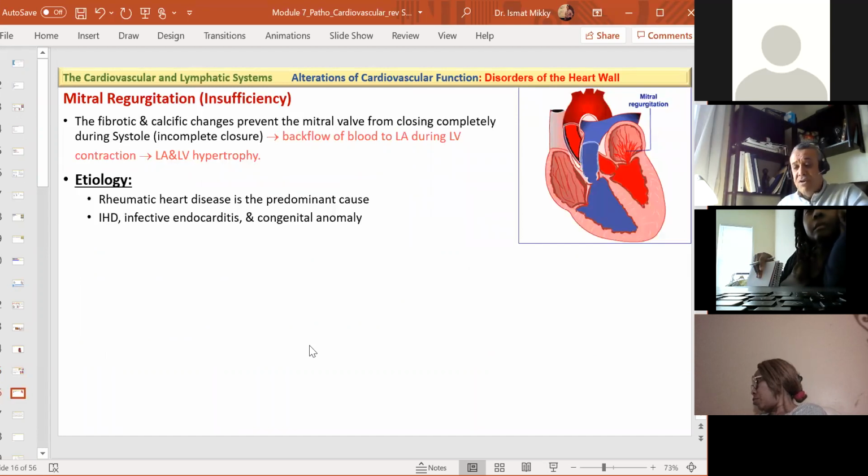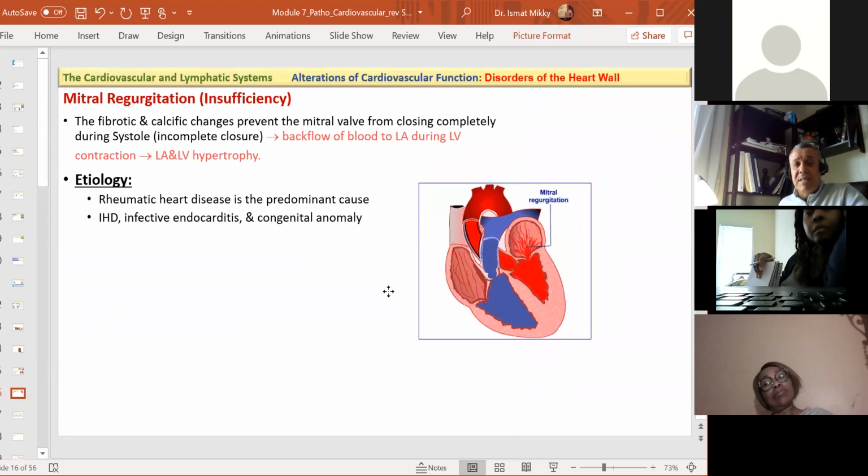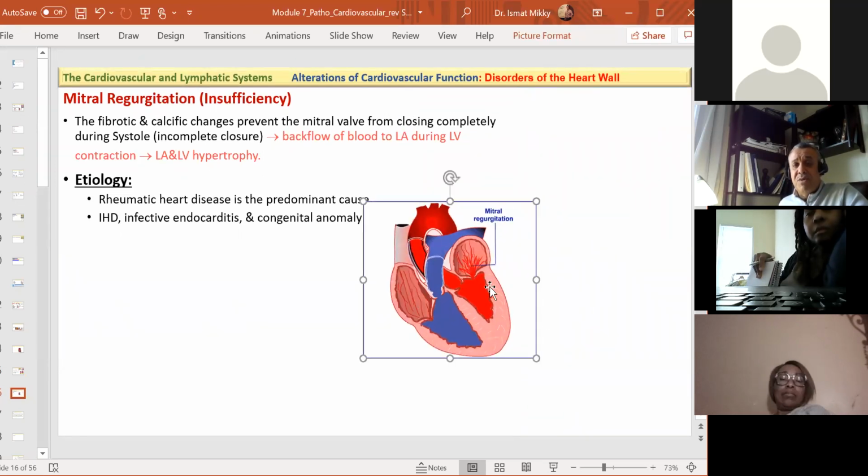The mitral regurgitation results from fibrotic or calcified changes that prevent the mitral valve from closing completely during systole. During systole, the left ventricle is supposed to eject blood through the aortic valve, and the mitral valve is supposed to be completely closed.